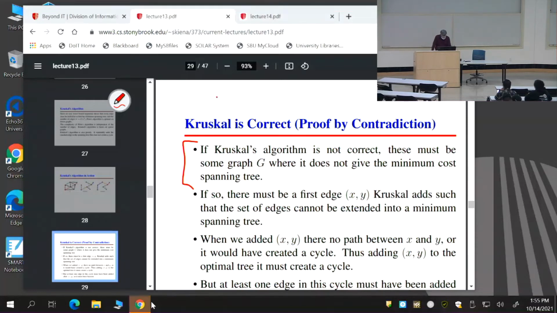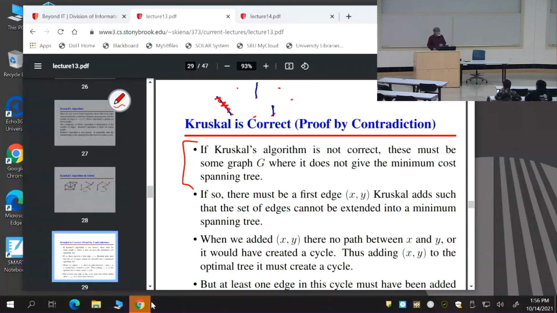What are we going to do if these are the vertices? Kruskal is going to go happily adding short edge, short edge, short, and you're going to tell me, this is where you went wrong. This edge, you cannot add this edge to the ones you've already picked and get a minimum spanning tree.